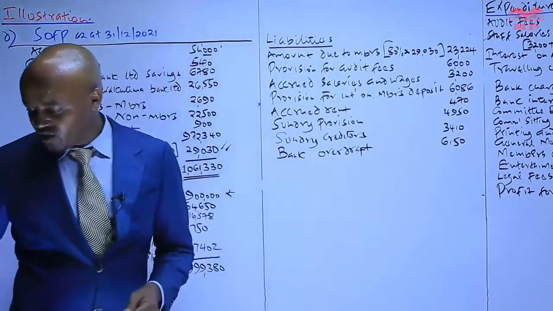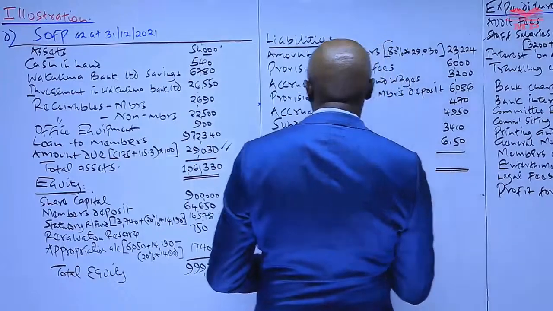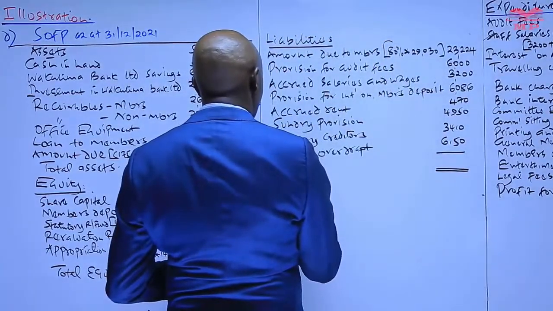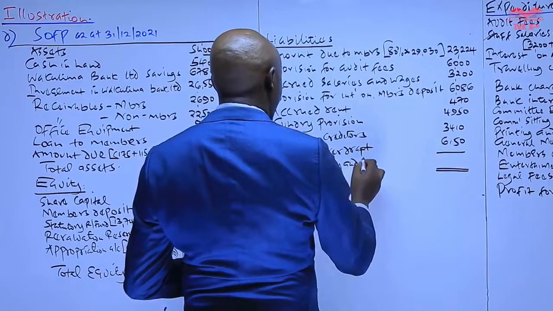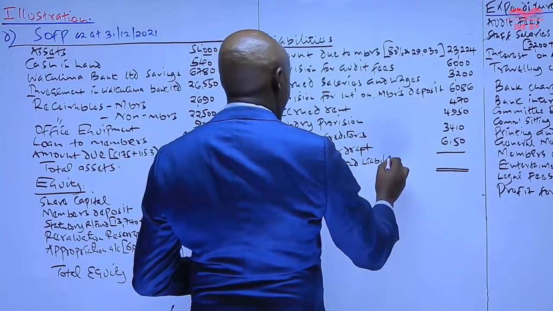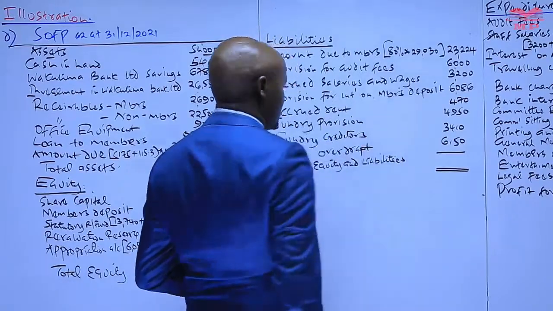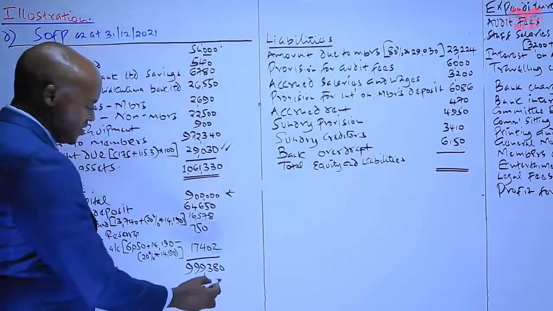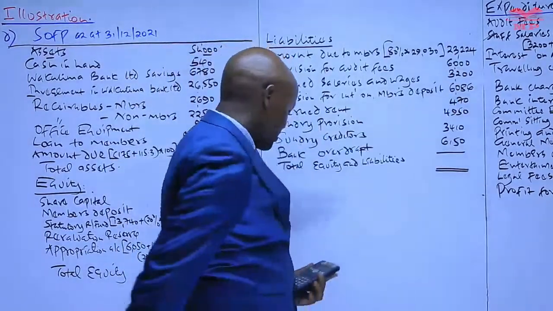Yes. So what we just need to do here is get the total equity and liabilities. For the total equity and liabilities, we take the total equity there, and then we add all these items of liabilities.